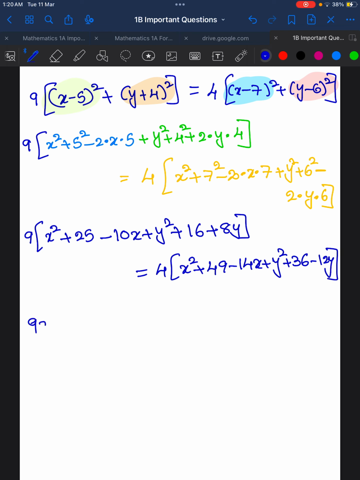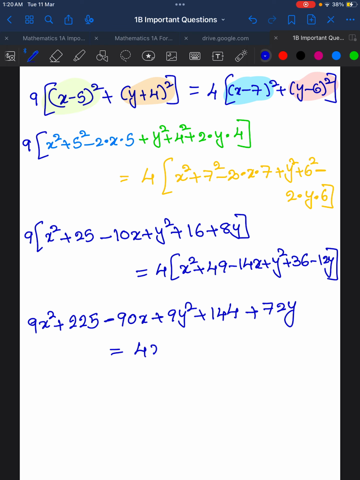Now 9 into x square is 9x square, 9 25s are 225, minus 90x plus 9y square plus 9 16s are 144, plus 9 8s are 72y, is equal to 4x square, 196, minus 56x plus 4y square plus 4 36s are 144, minus 4 12s are 48y.